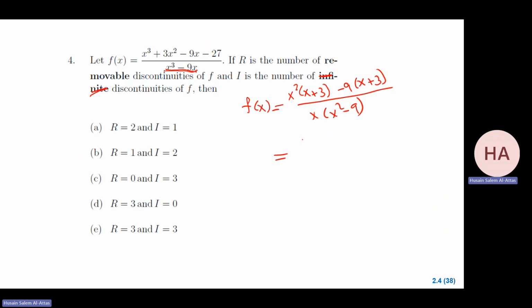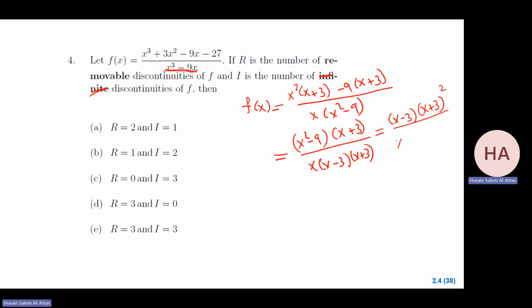I want to simplify the function: x plus 3 squared over x minus 3 times x plus 3.